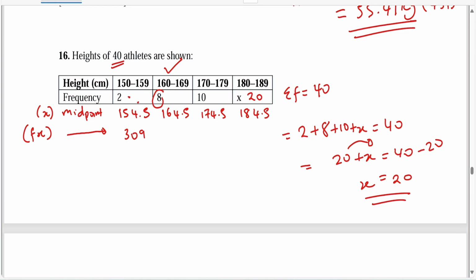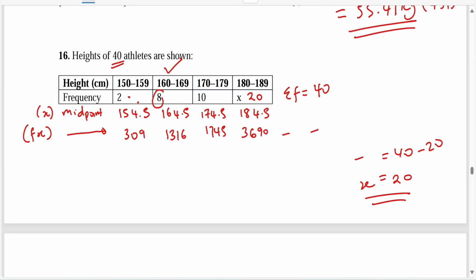164.5 times 8 gives us 1316. 174.5 times 10 gives us 1745. And 184.5 times 20 gives us 3690. So if you had to find the sum of fx, you add all the fx that you got here.